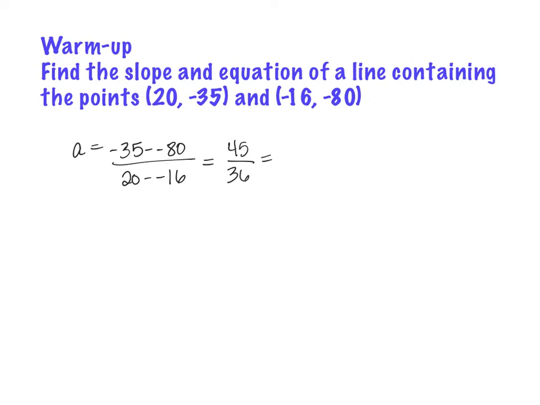So now I have a fraction that I'm dealing with, and I am going to reduce that fraction. 45 and 36 are both divisible by 9. So I'm going to pause this for a minute and check my math. Yep, I'm good. Okay, so 45 divided by 9 is 5. 36 divided by 9 is 4, so 5 over 4. I can also put that in a decimal if I prefer because it's a terminating decimal of 1.25.